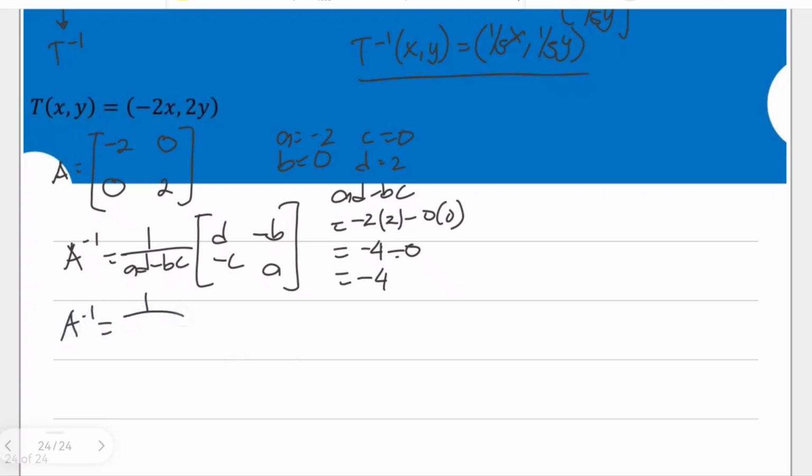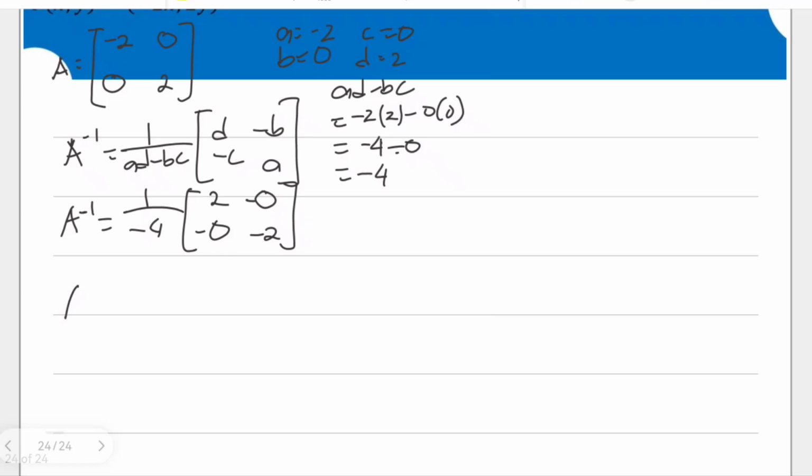1 over negative 4 times your D, which is 2, negative 0, negative 0, and then negative 2 here. In short, our inverse is negative 2 fourths or negative 1 half, 0, 0, and positive 2 fourths or positive 1 half. This will then be multiplied to, again, a vector representing x and y.